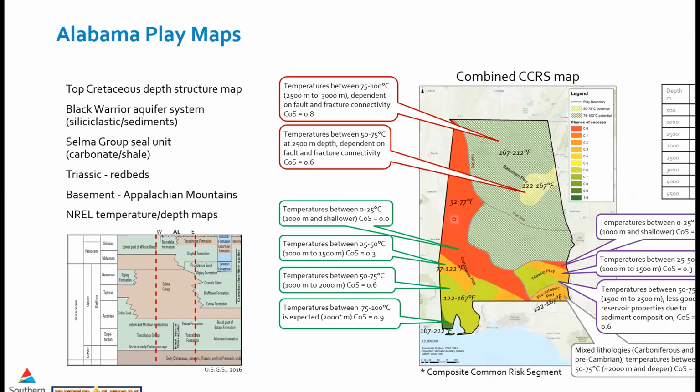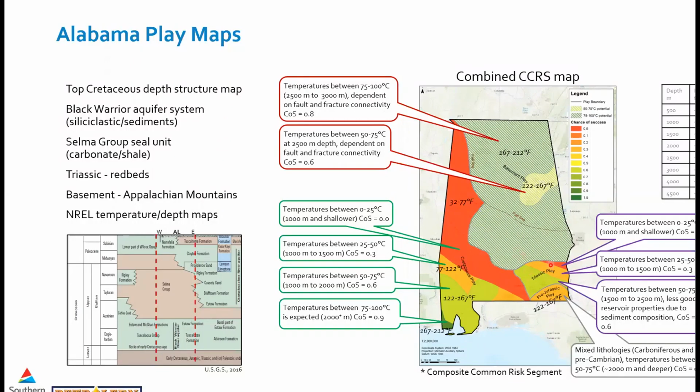So we were looking into other parts in the southeast part of Alabama, and as you can see here, we have introduced the Triassic play because the red segment would just be covering the whole area over here. So we just went stratigraphically deeper to see what kind of sediments you would have then.